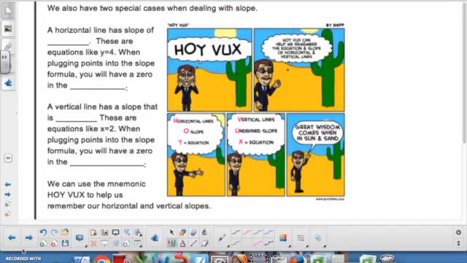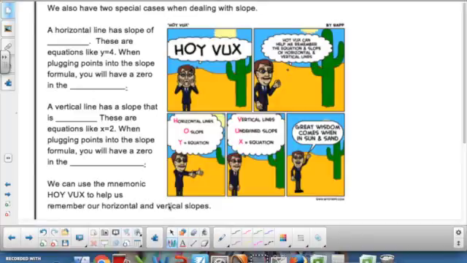The last thing we need to discuss are two special cases when we're dealing with slope. These special cases are a horizontal line, which has a slope of 0. These are equations like y equals 4.